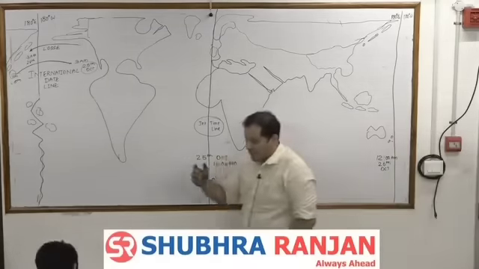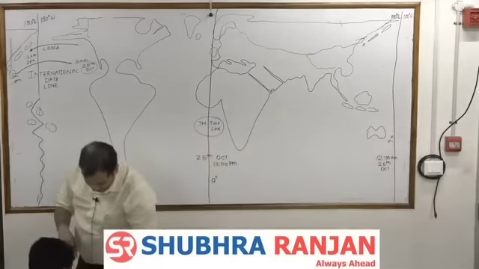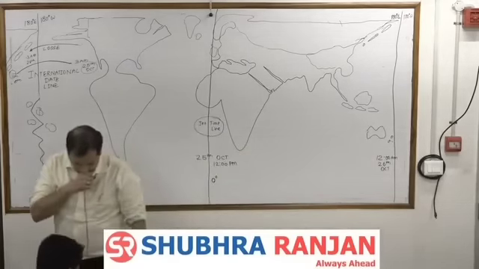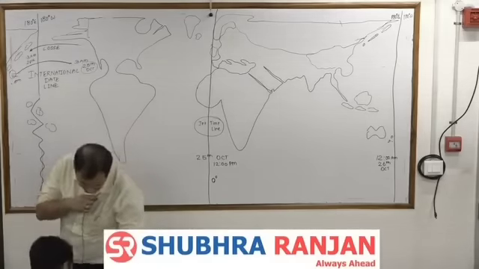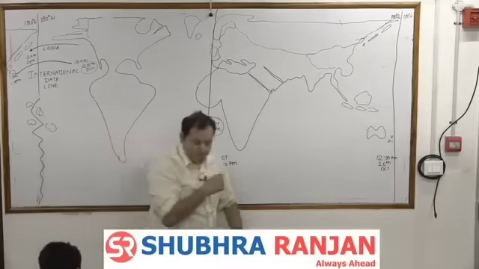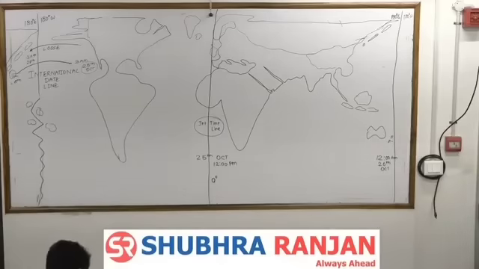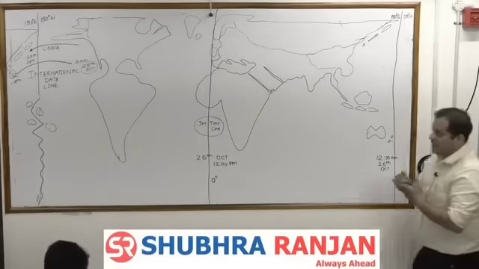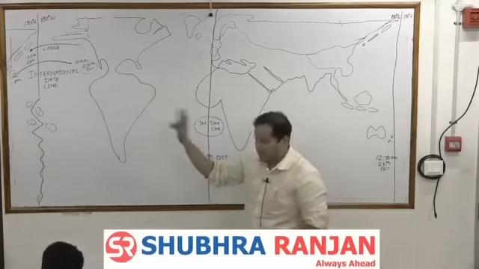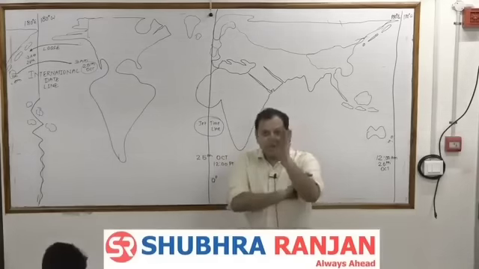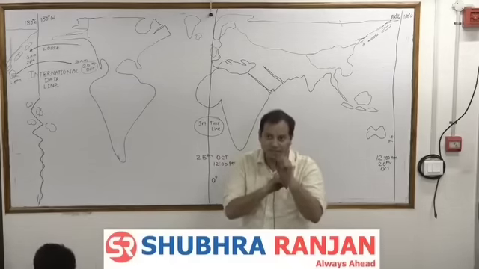Now come to the page I was referring to. Page number 104. What you should remember is that international date line follows through one of the first straits we did in the first lecture, that is the Bering Strait.